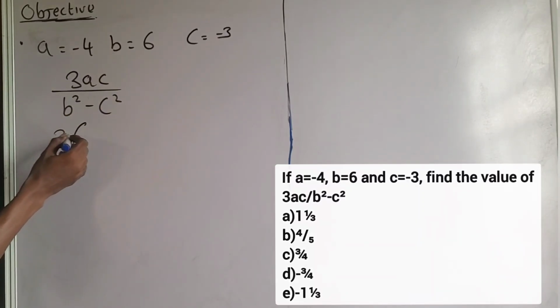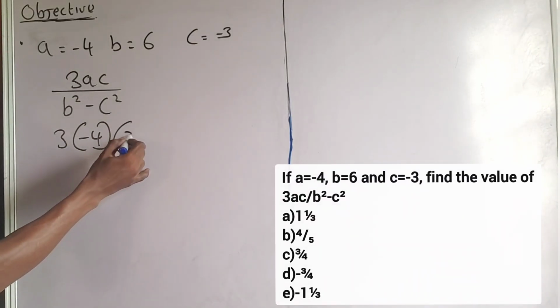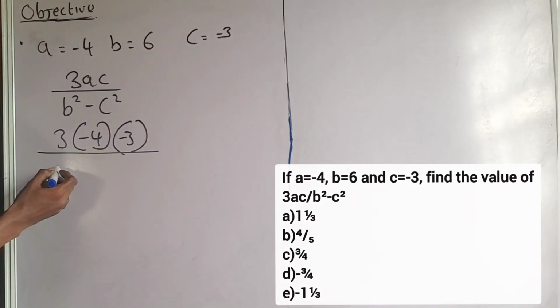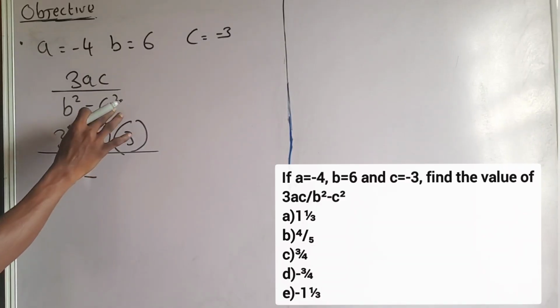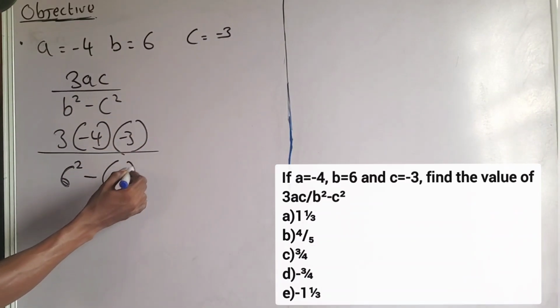So I'm going to have 3 multiplied by minus 4 multiplied by minus 3, all over 6 squared minus minus 3 squared.